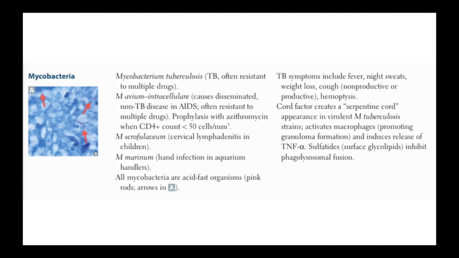And then we have First Aid's little grouping here. So let's get this going. Apart from Mycobacterium tuberculosis, which we're all very familiar with, we also have within the species other important mycobacteria like Mycobacterium avium-intracellulare, which causes disseminated non-TB disease, especially in AIDS and other immunocompromised patients like cancer patients and those with chronic lung disease.